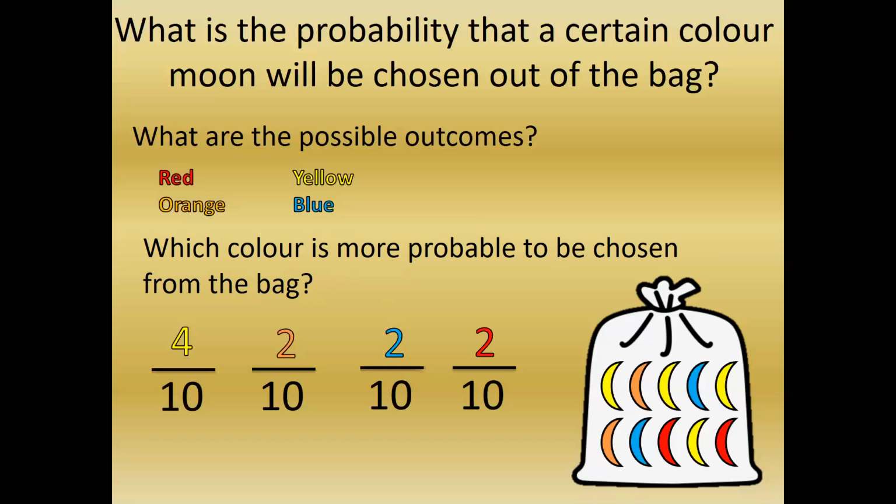Which one is the biggest fraction? 4 out of 10 is. So which color is more probable to be chosen from the bag? Yellow, because 4 over 10 is bigger than 2 over 10, which all the other colors are. So yellow is the most probable color to be chosen from the bag. Hopefully that made a little bit of sense.